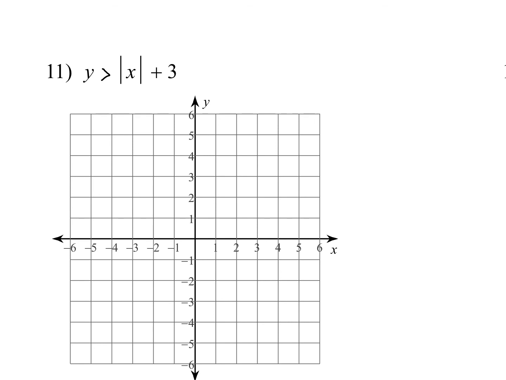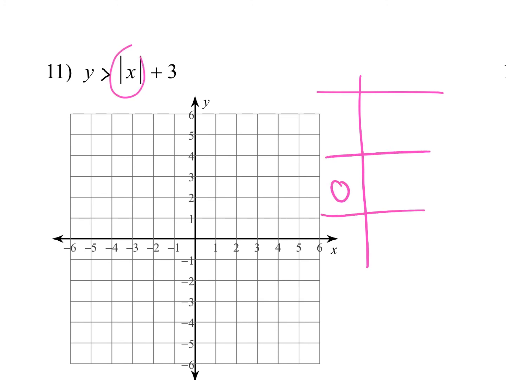What should my middle number be? 0. Because in my absolute value bars, I don't have anything besides x, so it's just 0. What's a number smaller than 0? And bigger than 0? So let's plug in -1. What's the absolute value of -1? 1.